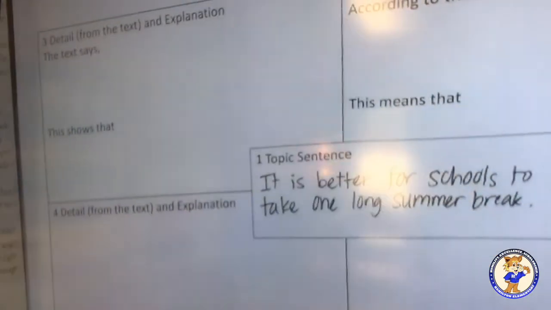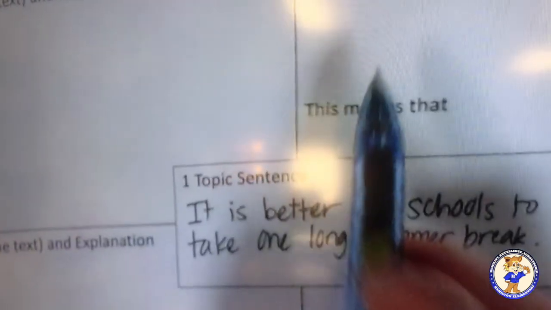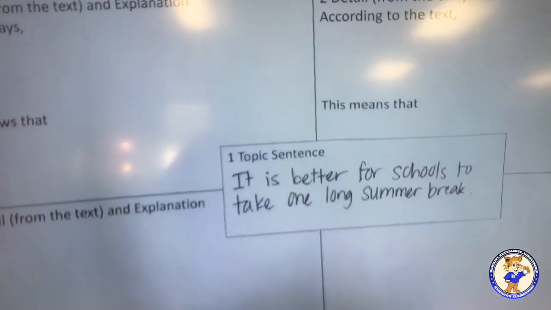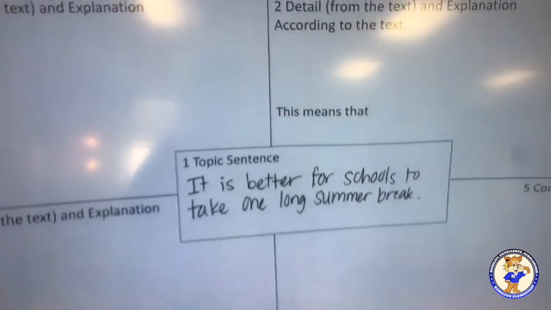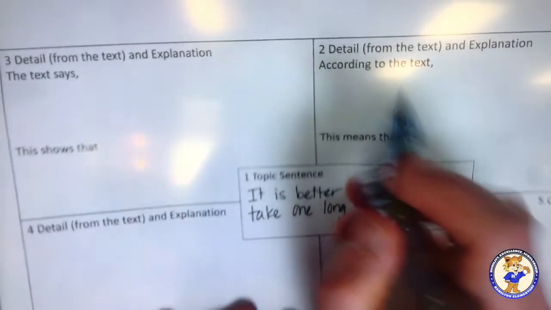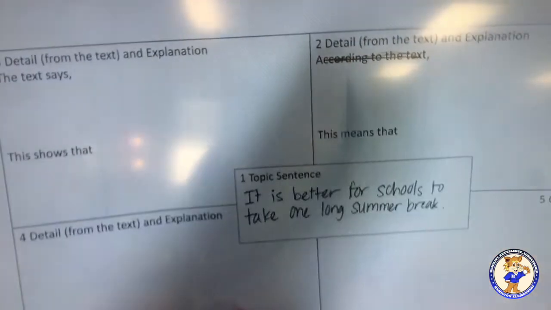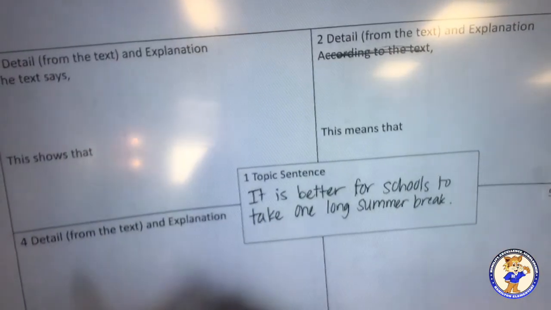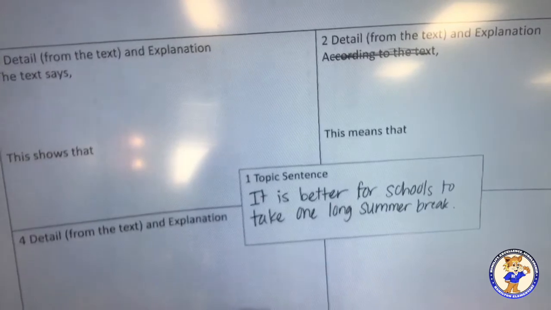Now here's where you get to get creative. You can use a text, you can do some research online to try to figure out which is better, or you can just use the examples that you think of in your head. So here's one thing where we don't have to say according to the text. I am going to say, let's see.